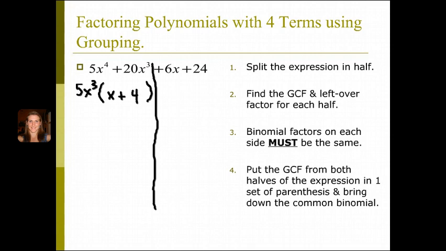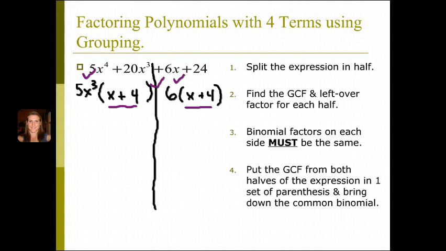In our second half of the problem, our greatest common factor is 6, and our leftover factor is x plus 4. So let's make sure that we've done the first three steps correctly. We've split the problem in half. We have factored out our greatest common factors for each side, and our binomial leftover factors are exactly the same.